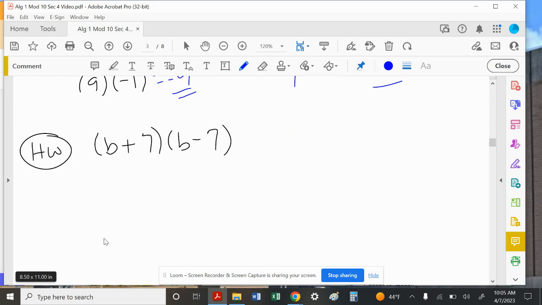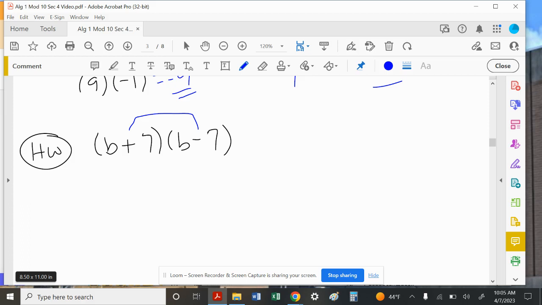First one is b plus 7 times b minus 7. Notice that the only difference is between the plus and the minus. So I can use this rule. You can still use the box method or the FOIL method to do this. It just would take you a couple of extra steps.